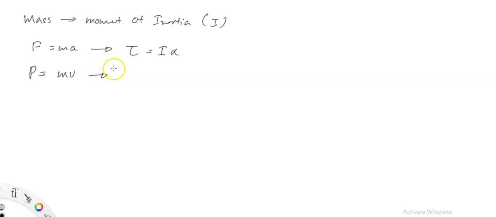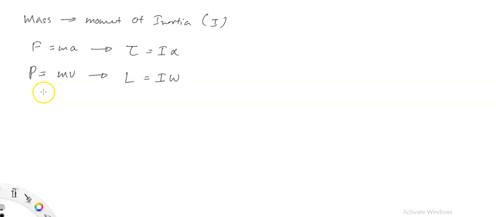When it comes to rotations, we replace linear momentum with something called angular momentum, represented by L. That is I times omega: mass replaced by moment of inertia, velocity by omega. This L is something we haven't discussed before, so some other time we'll go into that. For the time being, I'm just going to show you the equation.